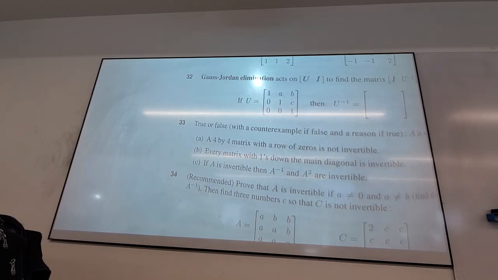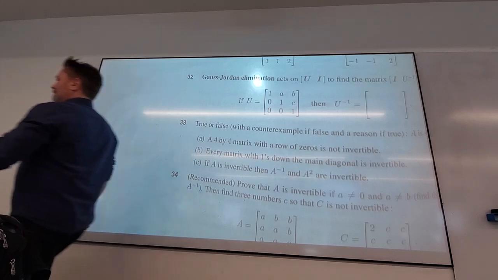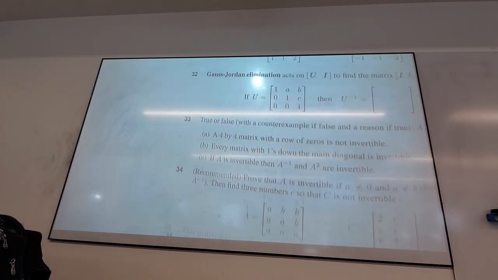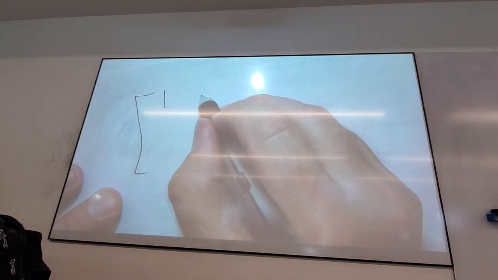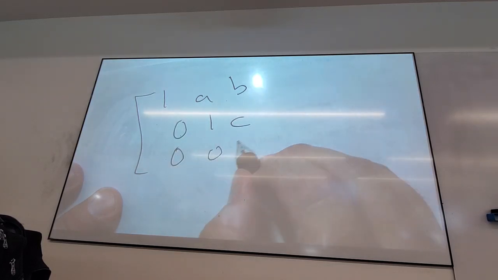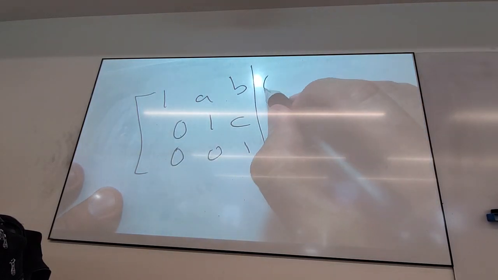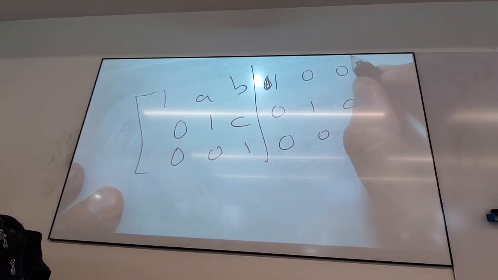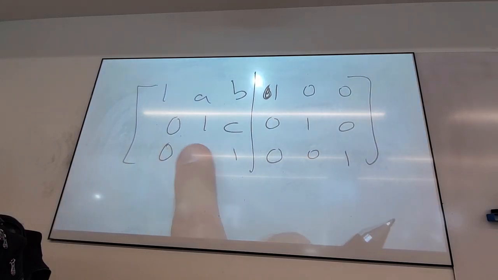And you would do that all the way across. So just to really make sure you guys are with me. And you're like, we lost you when you walked in the room. So if I write U augmented with I, that is [U | I].